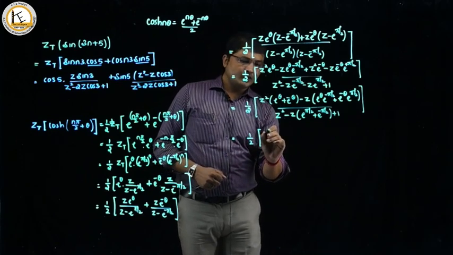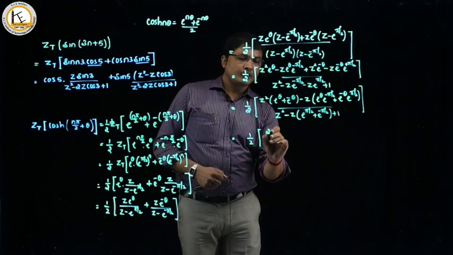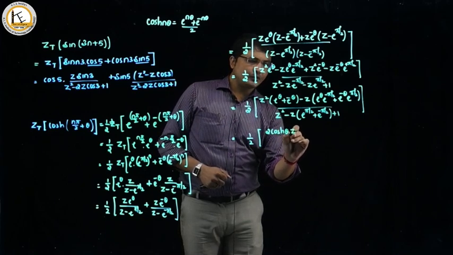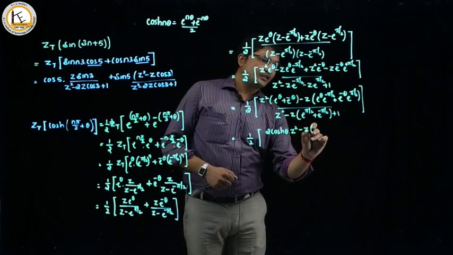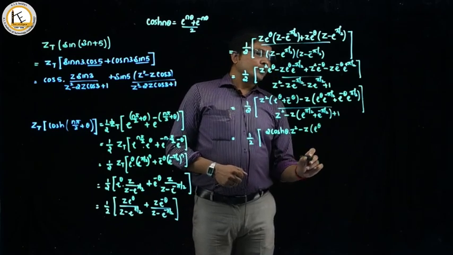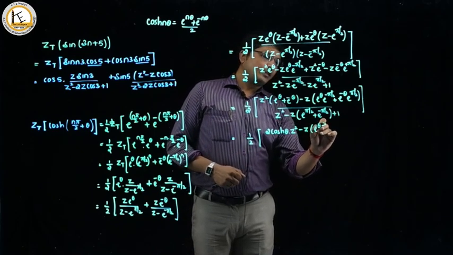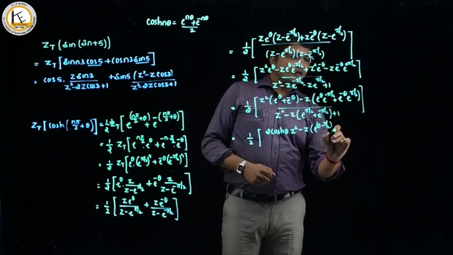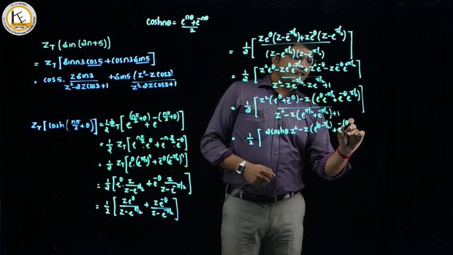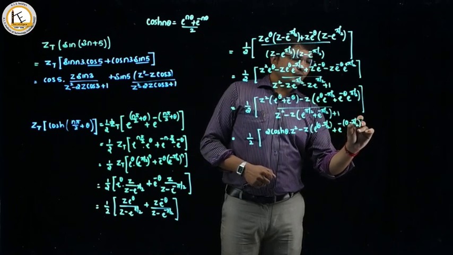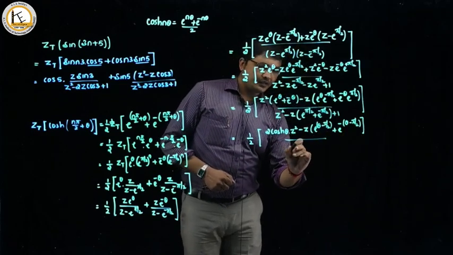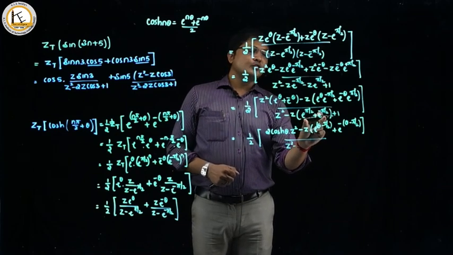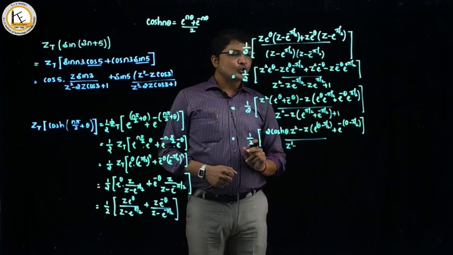So we have 2 times of cos θ into z square minus z into these terms as it is, e raised to iθ plus e raised to minus iθ, whole divided by z square minus, again e raised to iθ plus e raised to minus iθ will be 2 cos θ.